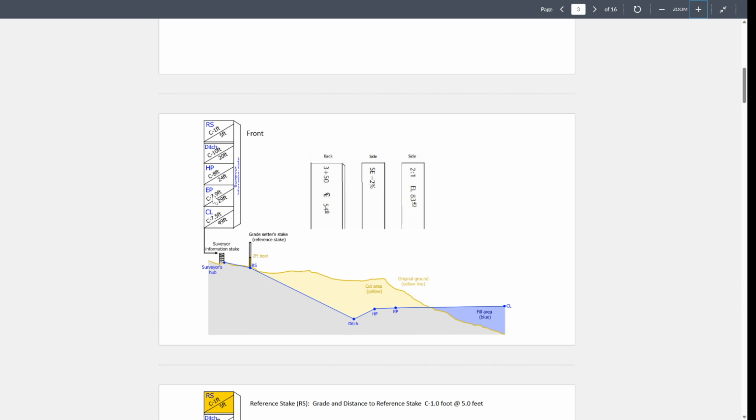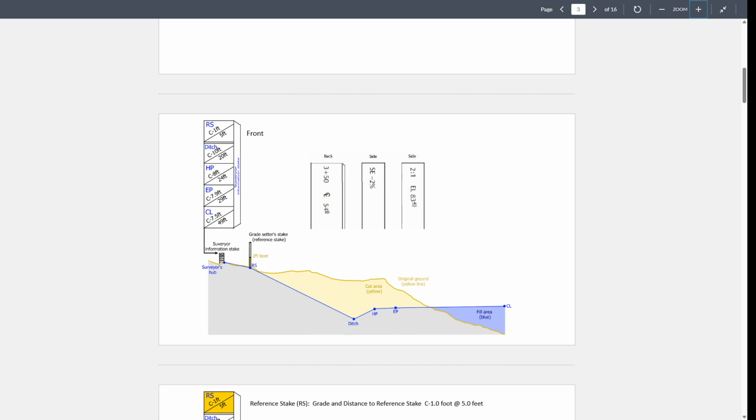Edge of pavement, 7.9. Center line, 7.5 cut. So between the center line cut and the edge of pavement cut, 7.9 and 7.5 is, what is that?